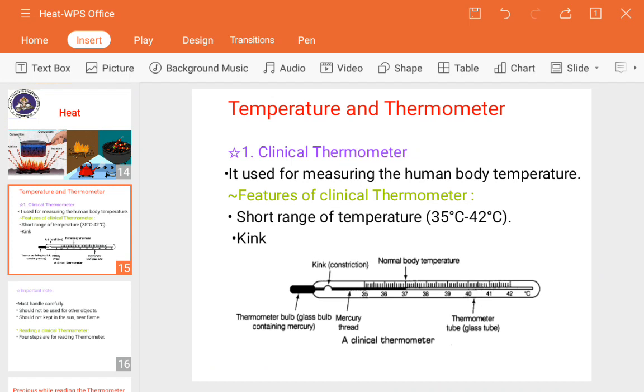The clinical thermometer is the thermometer used for measuring the human body temperature. Only for the purpose of measuring body temperature can we use the clinical thermometer.